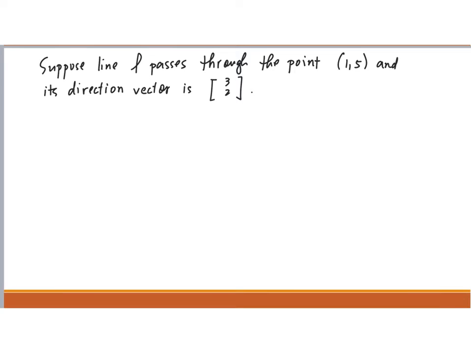So now let's take this example. Suppose a line L passes through the point (1, 5), and its direction vector is the vector (3, 2). How do we write the vector equation of line L?